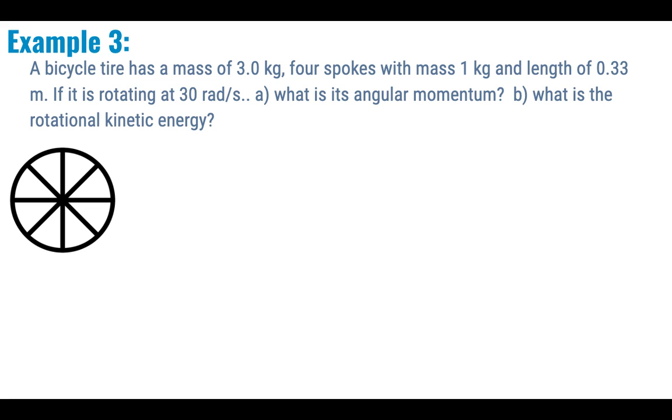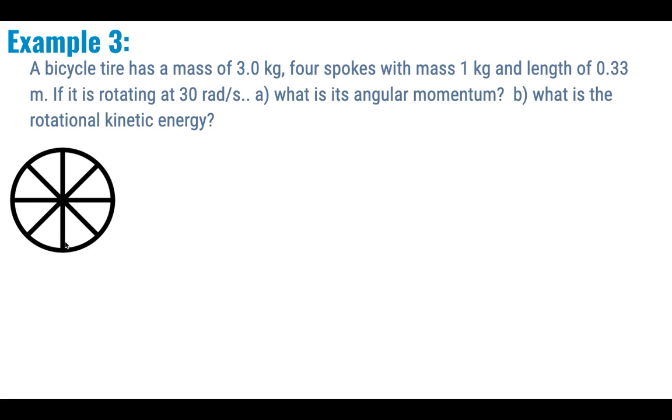First up here, we know that we typically model a wheel as a hoop. So you can say that this outer radius, this mass, you can model as a hoop. And then we have 4 spokes, which look most like rods.